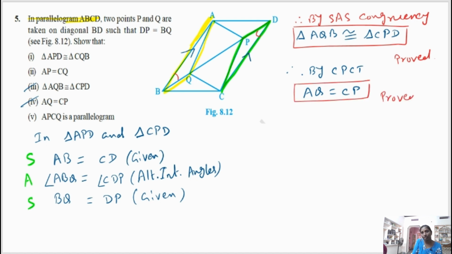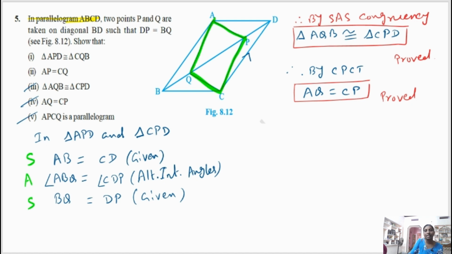Proved. Okay. Now what is the fifth point? The fifth point, we have to prove that APCQ is a parallelogram. So let me erase it. So we have to prove that APCQ is a parallelogram.